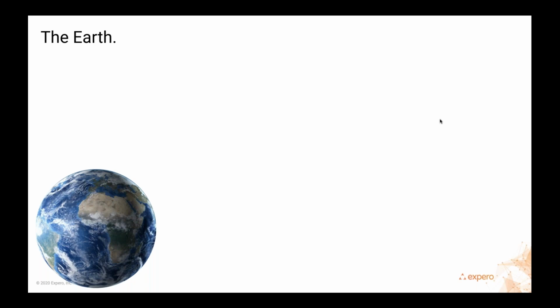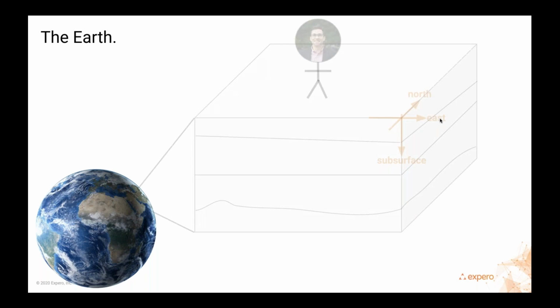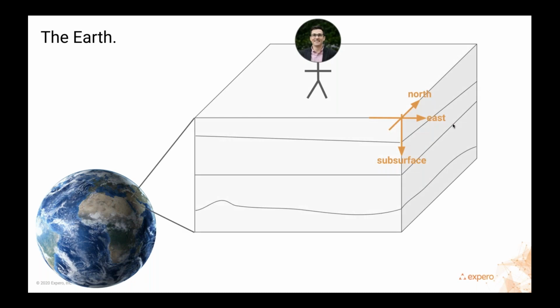So we have a variety of ways of measuring information about the subsurface portion of our Earth. And one of the ways that we do those measurements is by using electromagnetic data. Our aim in this work was to build up an understanding of what's going on underneath the surface of the Earth.